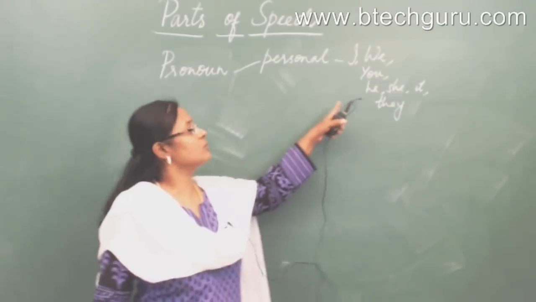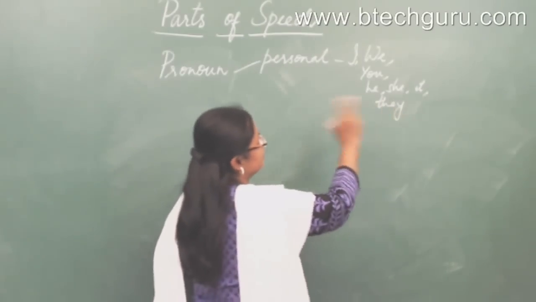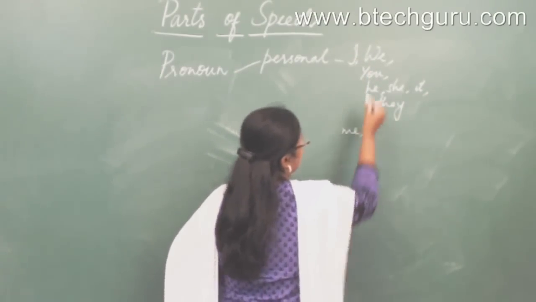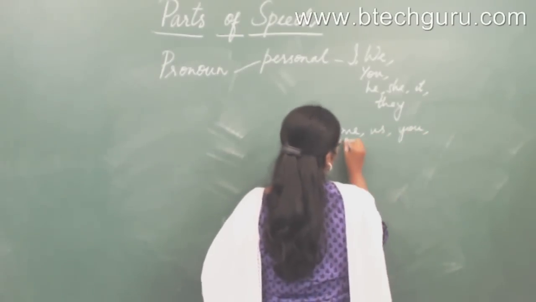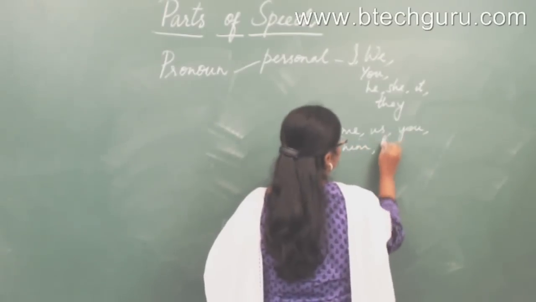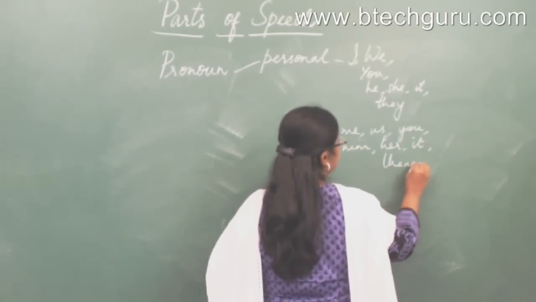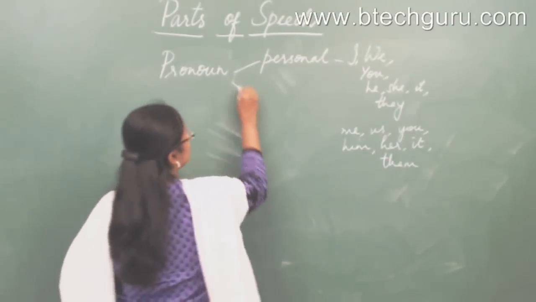So these words we use in the subject position. When they occur in the object position, say I becomes me, then us, you remains the same, then him, her, it, them. So all these are personal pronouns. Then we have the possessive pronouns.